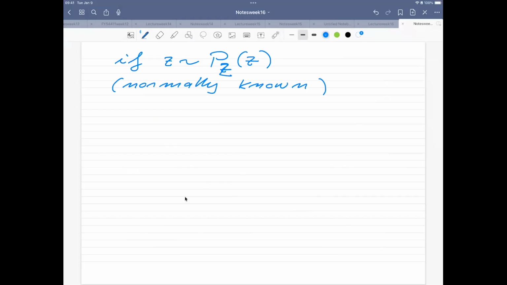Then what you also assume is that there is a variable x which is related to z via a function f, where this function f is invertible.